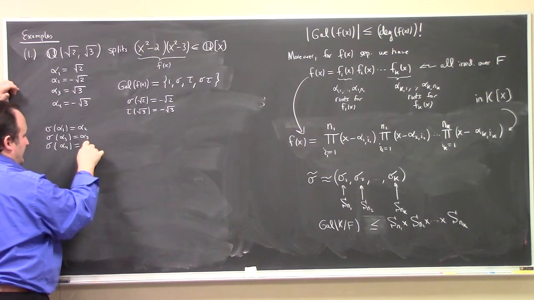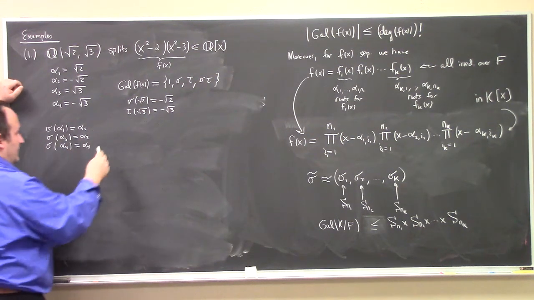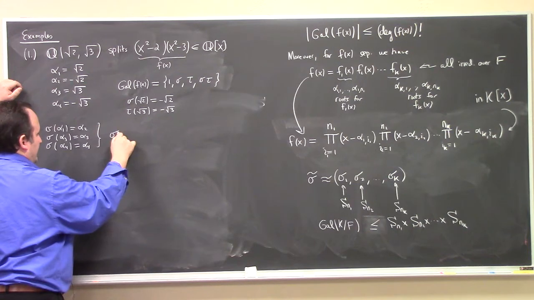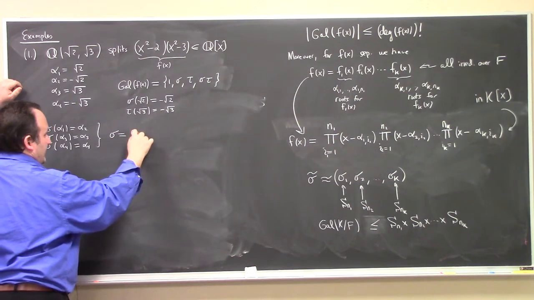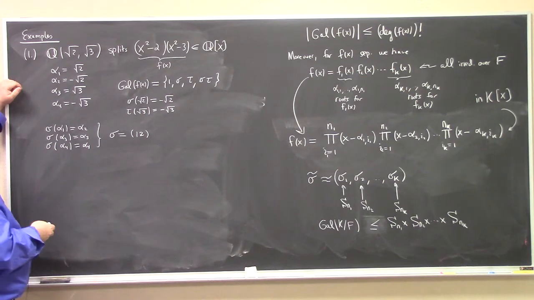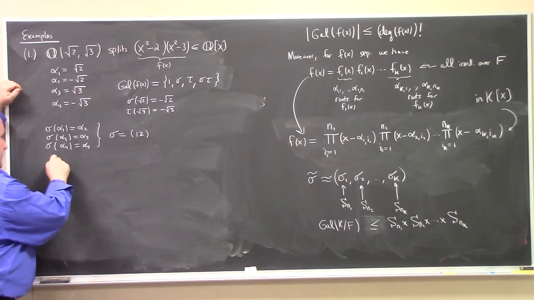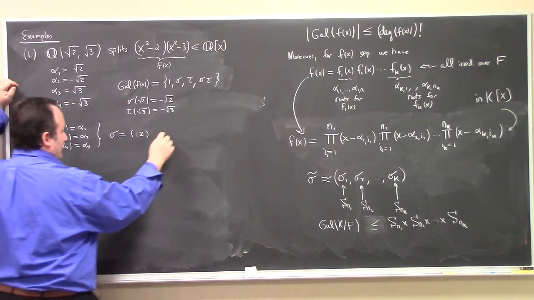Remember, sigma fixes the third and fourth roots and permutes the first two. So sigma in cycle notation is the 1-2 cycle, because it preserves 3 and 4.